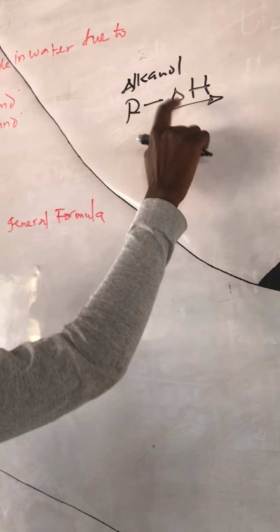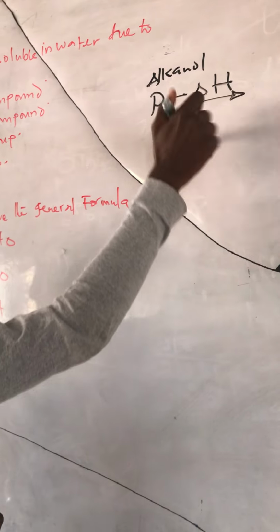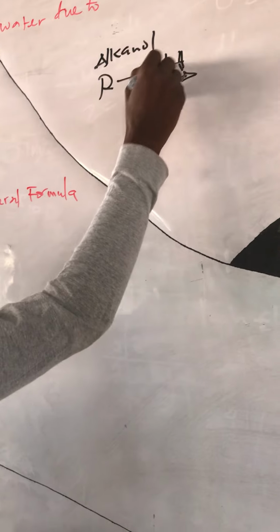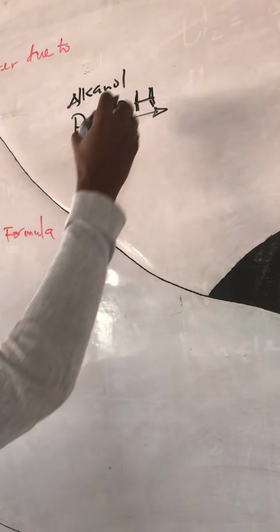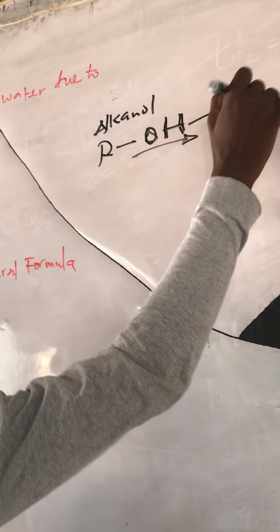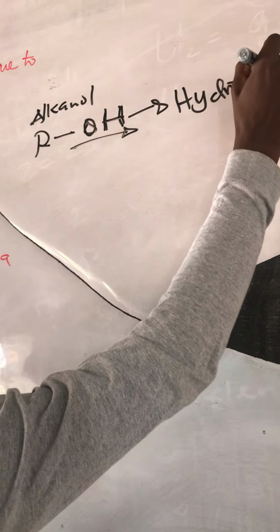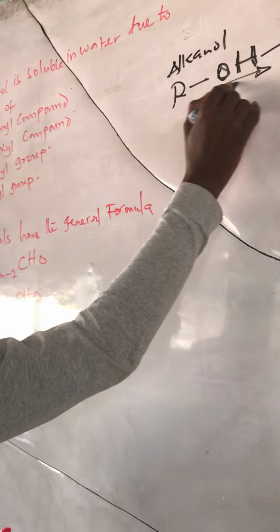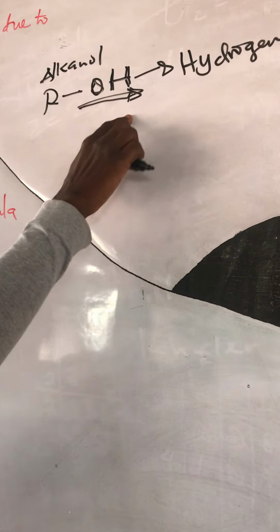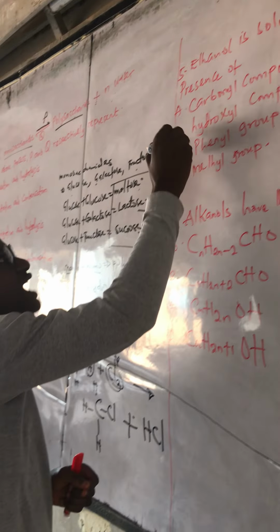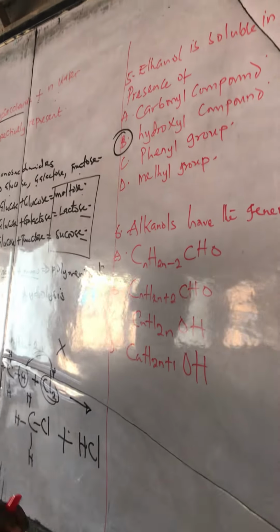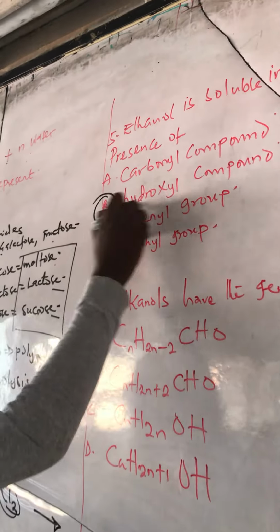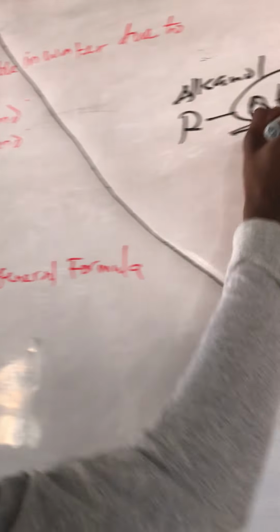Because of the presence of this ROH, they are going to be soluble in water, because there is going to be the presence of hydrogen bonding in the ethanol molecule. So the presence of hydrogen bonding in the ethanol molecule will make our alcohol soluble. So the answer there is the hydroxyl compound.